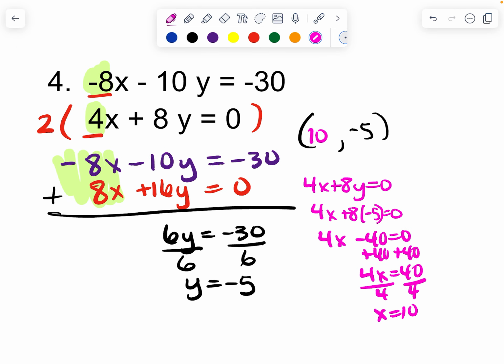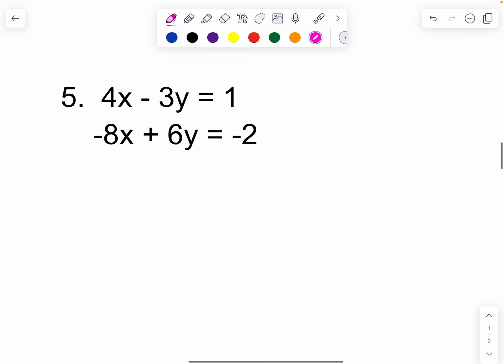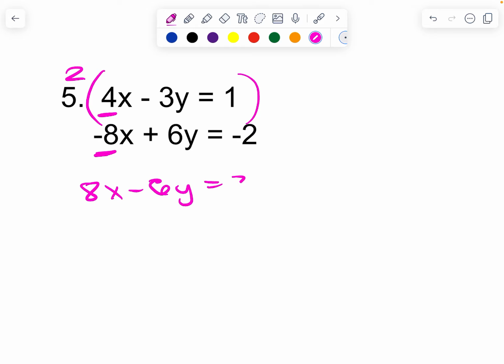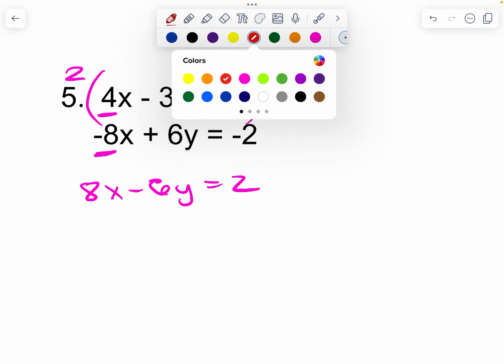So I could do the same thing on my next problem. Here is my next problem. Okay, so 4, it's just like we just did a second ago. 4 goes into -8. I can multiply this by 2. I get 8x minus 6y equals 2. I write the second equation.